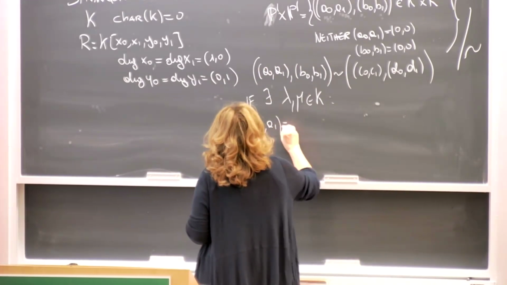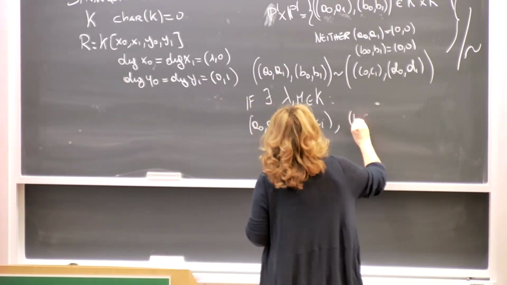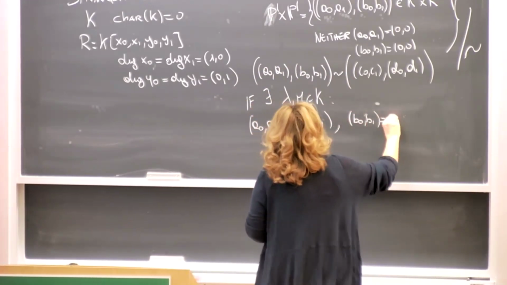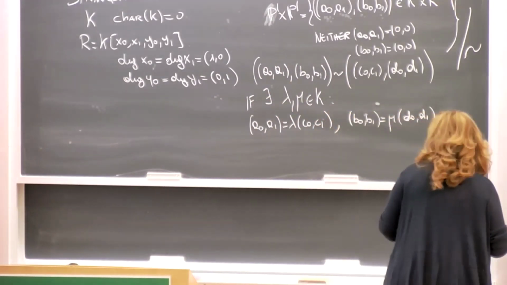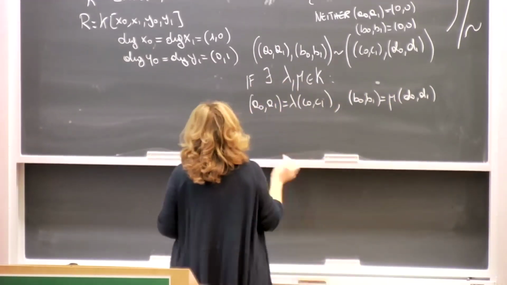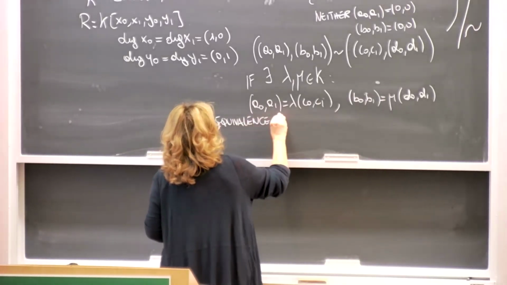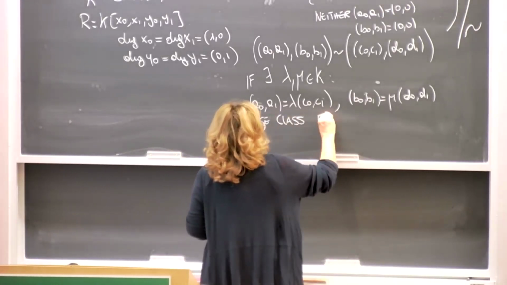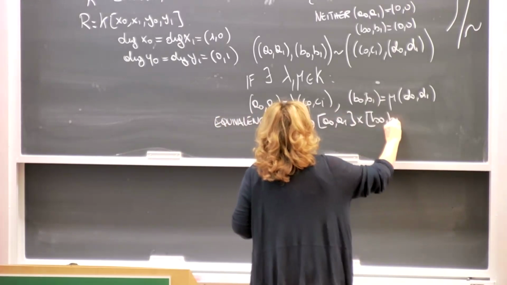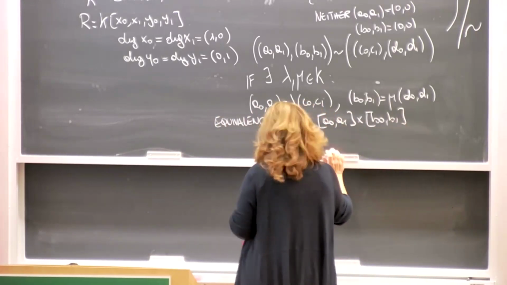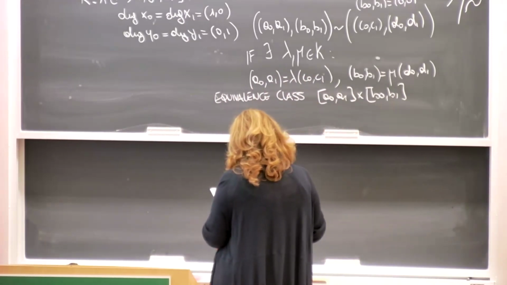So (A0, A1) is lambda times (C0, C1), and (B0, B1) is nu times (D0, D1). We denote our equivalence class in this way. Just recall this symbol, which will be the coordinates of my points.